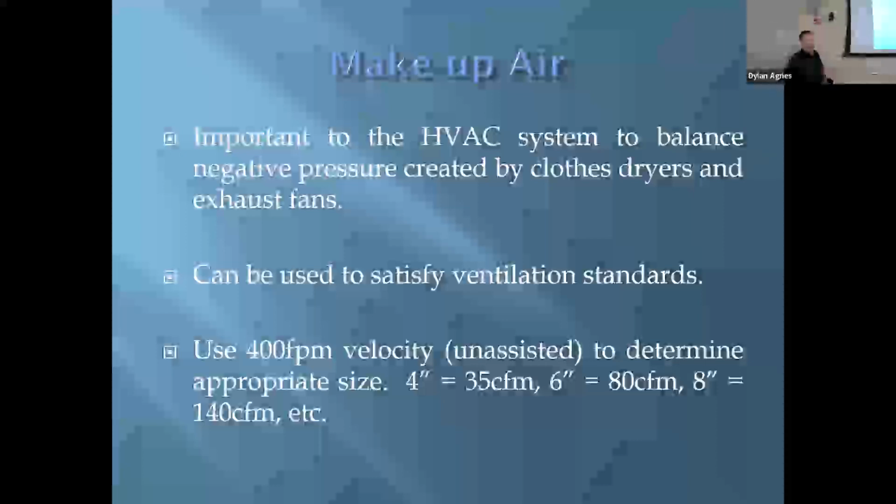If we go back to that 400 feet per minute and do our calculations, we can see that if we were to put an 8-inch fresh air return in there, we could pull up to 140 CFM through that fresh air intake. I'm not saying this isn't going to have an effect on the energy. I'm just saying that it is possible to draw in a significant amount of air from outside and still be able to filter it and temper it through the duct system.